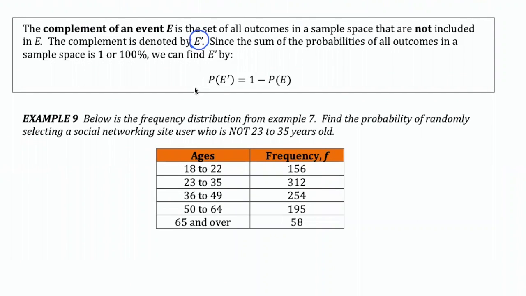So we read that E prime. And since the sum of the probabilities of all outcomes in a sample space needs to be 1 or 100%, we can find the complement of any event by taking the probability that something does happen, subtract it from 1, and that'll be the probability that it doesn't happen.